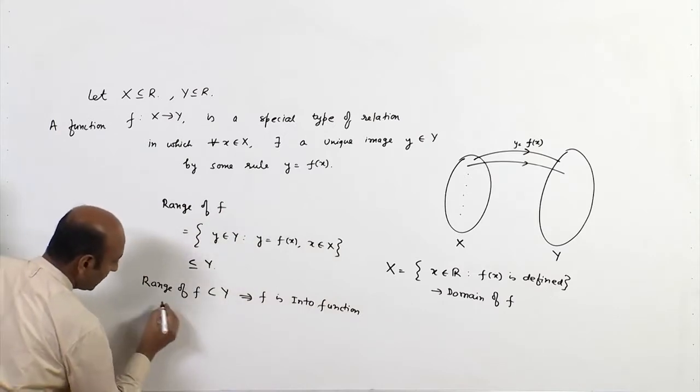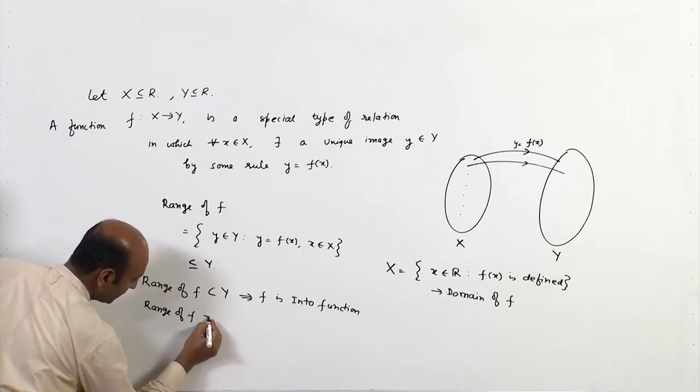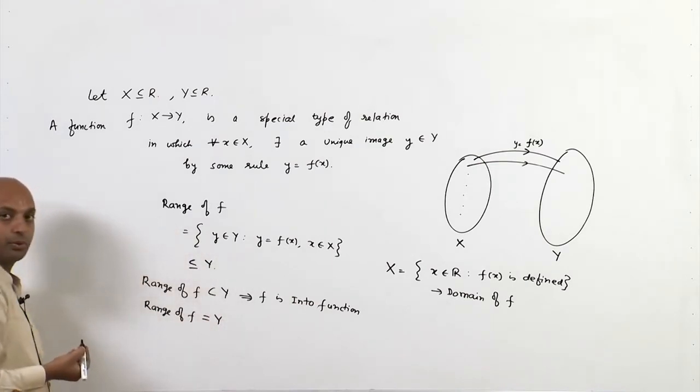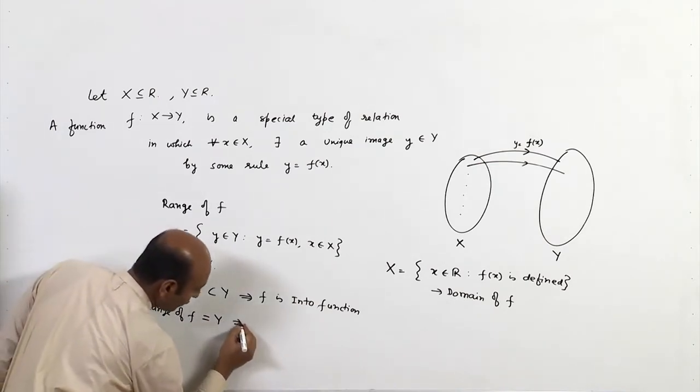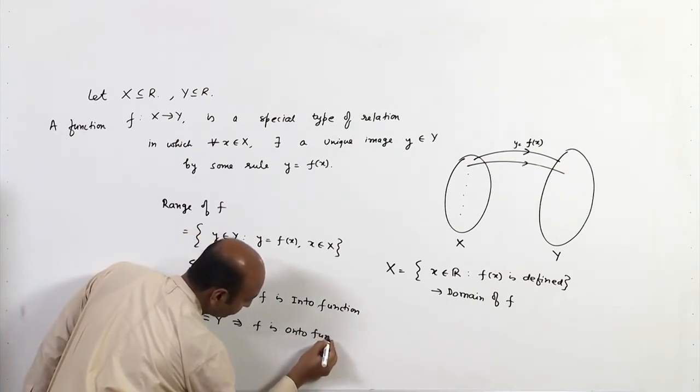And if the range of f is equal to Y, then f is called an onto mapping or onto function.